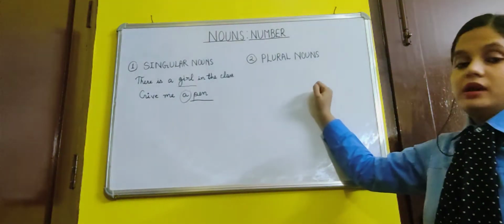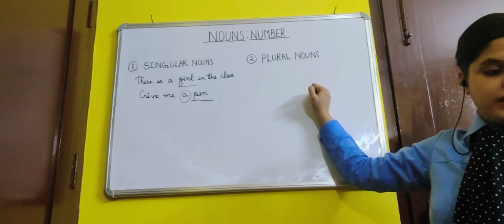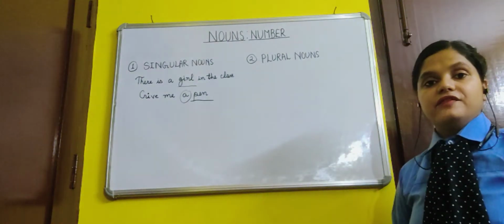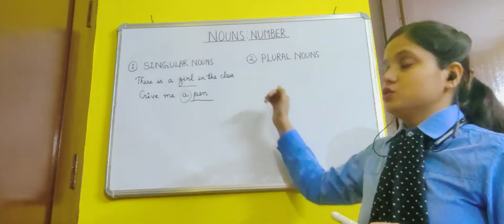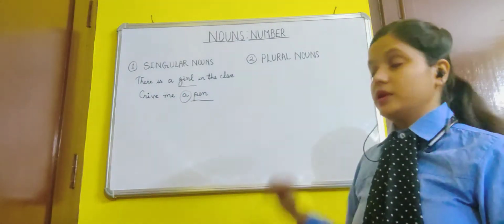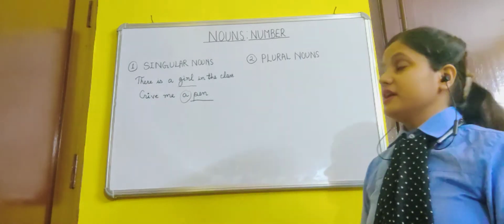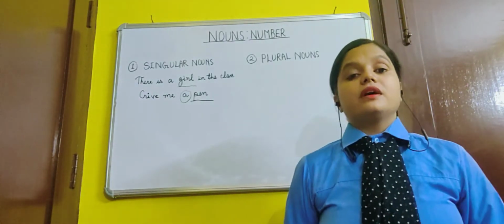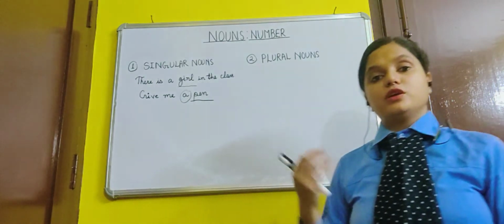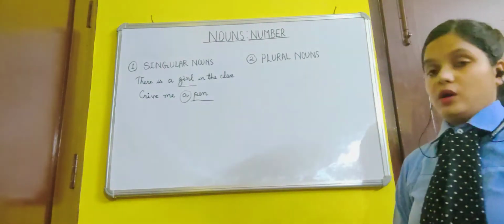Now what are plural nouns? As with singular, if we speak about only one thing or one person, we use the singular number of noun. But if we speak about more than one thing, we use the plural form of noun.